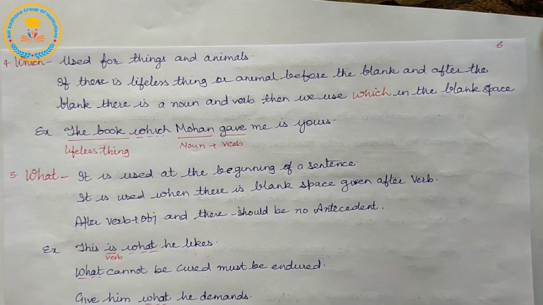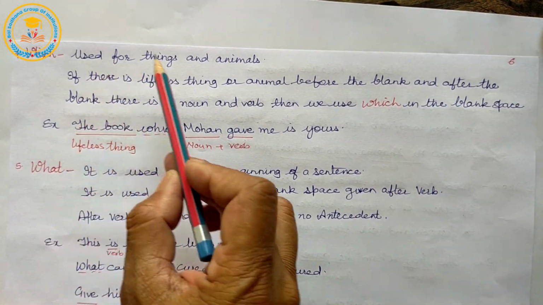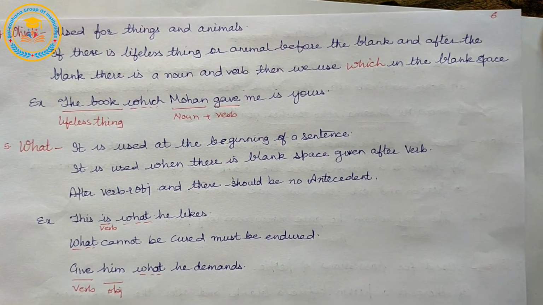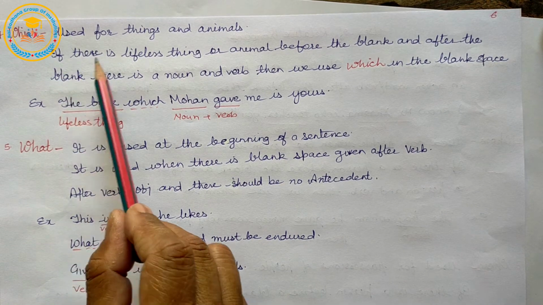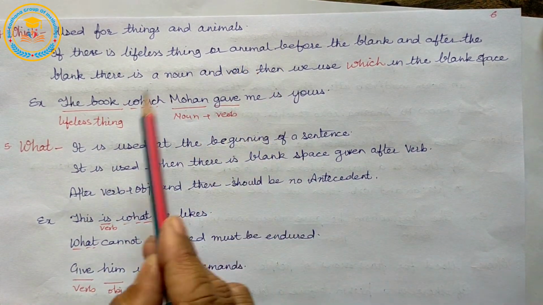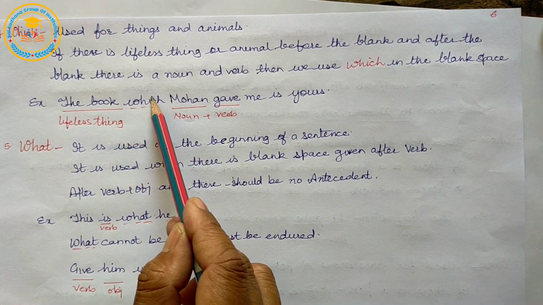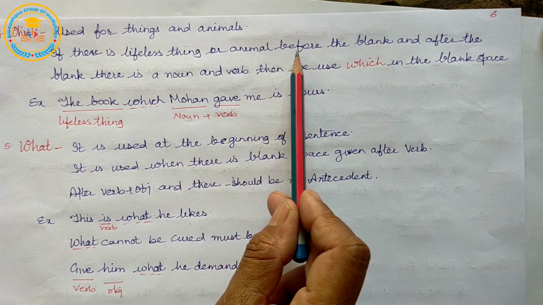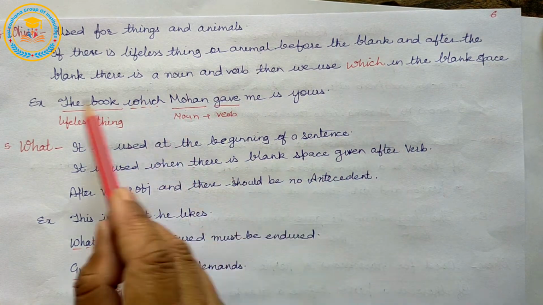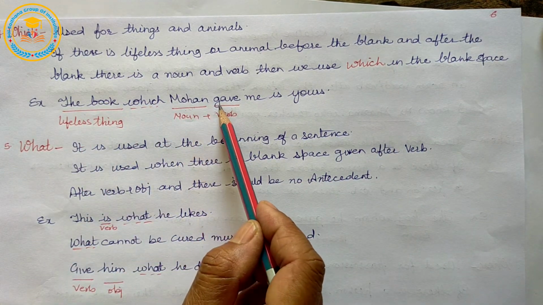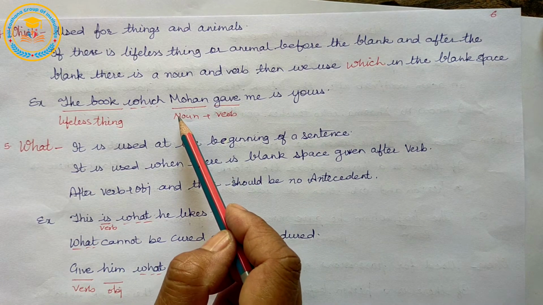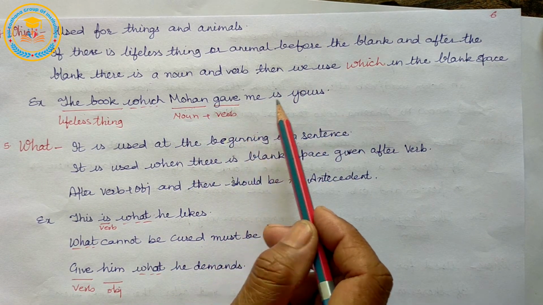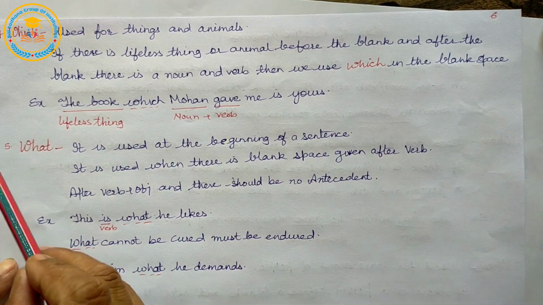Use of which? Used for things and animals. If there is a lifeless thing or an animal before the blank and after the blank there is a noun and verb, then we use which in the blank space.